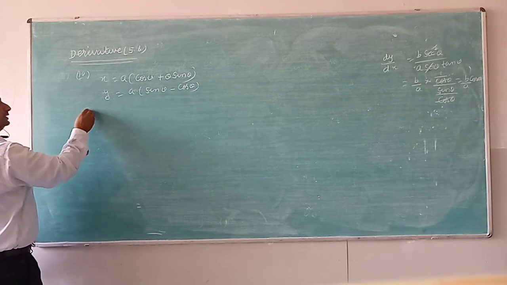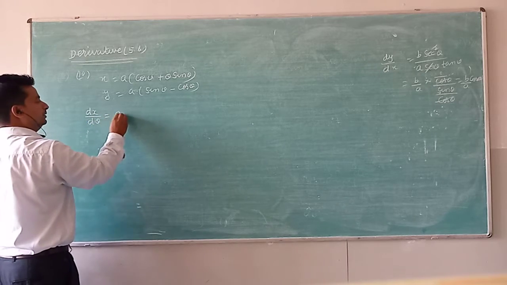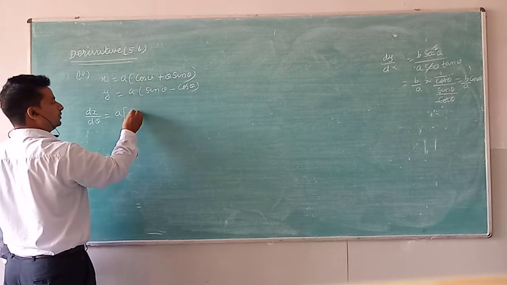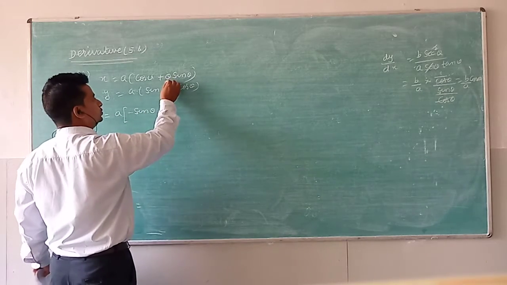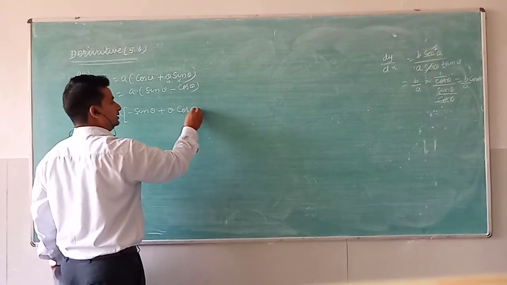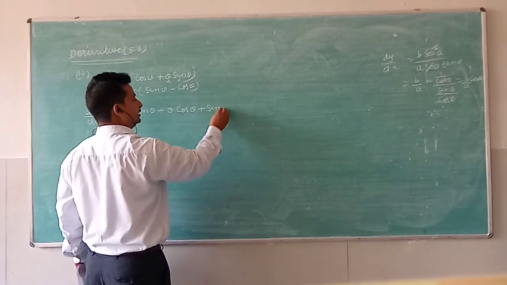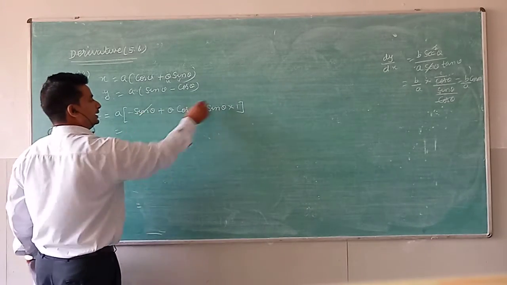When we differentiate this by theta, that is dx by d theta, here the derivative of cos theta is minus sin theta, and in this we use the product rule, that is theta into the derivative of sin theta plus sin theta into the derivative of theta. So this sin theta cancels out.